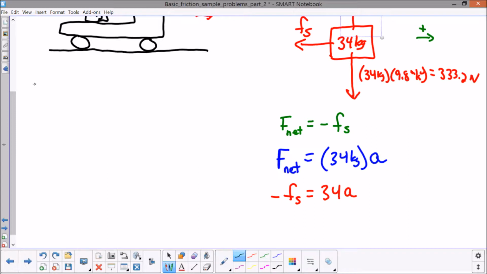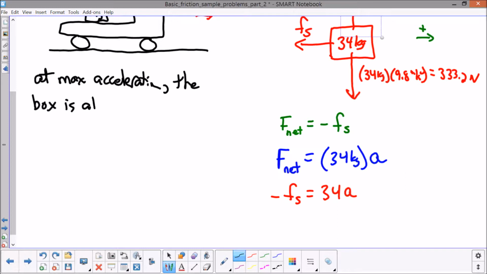At the maximum acceleration, when the truck has its maximum acceleration, the reason that it's the maximum acceleration is that the box is about to slide at this point. If the box is about to slide, then that means that the static friction force is at its maximum value.